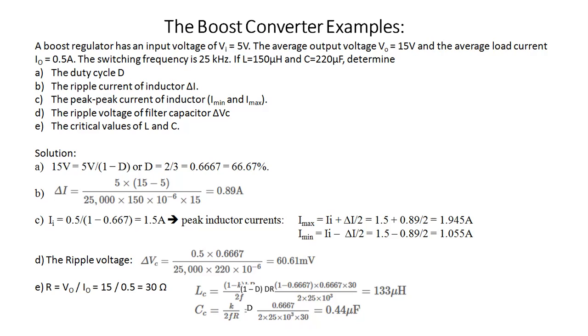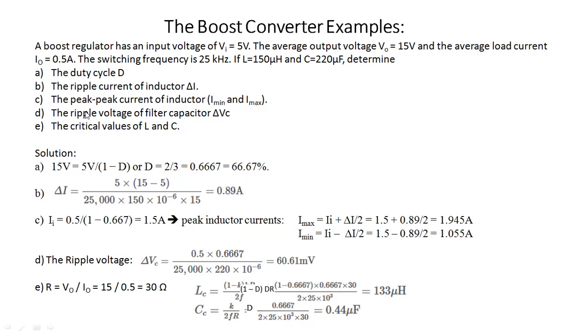Delta I we have just derived. Input current we can derive because we have the formula, that will be 0.5 upon 1 minus D. What is the value of D we have? 0.667. So you can put the values and you will get the value for I.